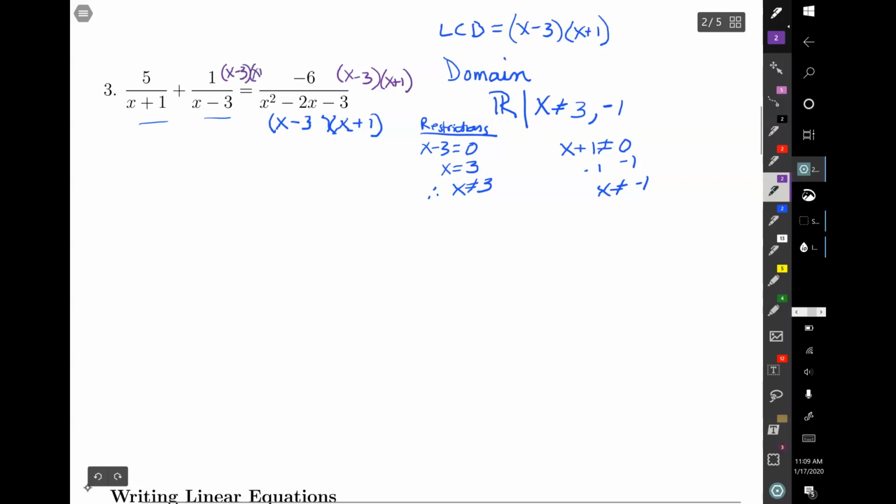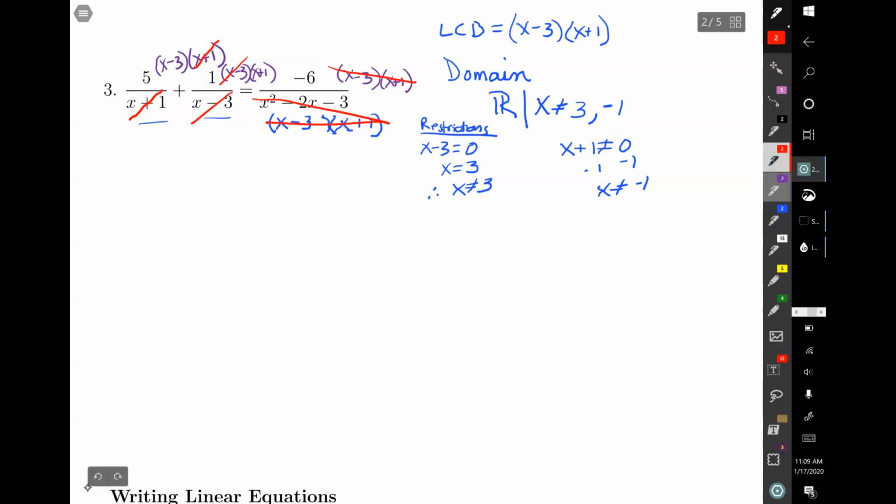X minus 3, x plus 1, x minus 3, x plus 1. And then I am going to now reduce. So in the first fraction, I would cross out the x plus 1 over x plus 1. In the second fraction, I'm going to cross out the x minus 3's, top and bottom. And then on the right-hand side, I'm going to cross out the entire thing. Make sure you catch all of that.